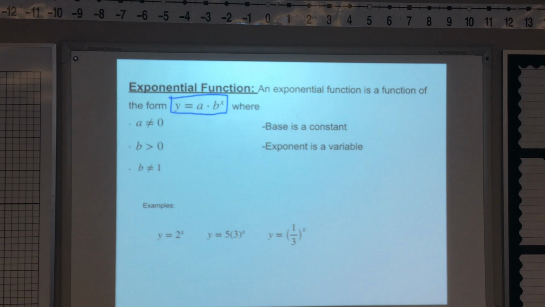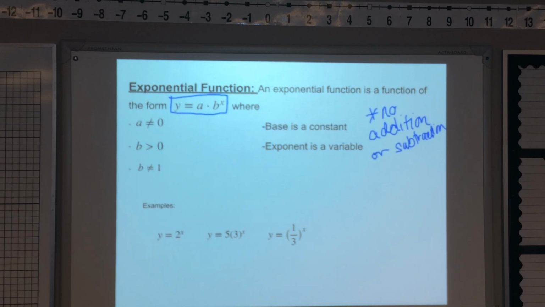So what you see when you look at these is these functions have no addition or subtraction. They're all multiplication. They're just multiplication.